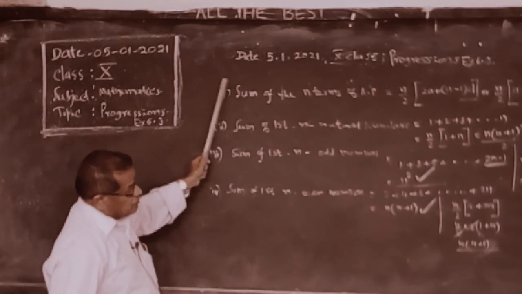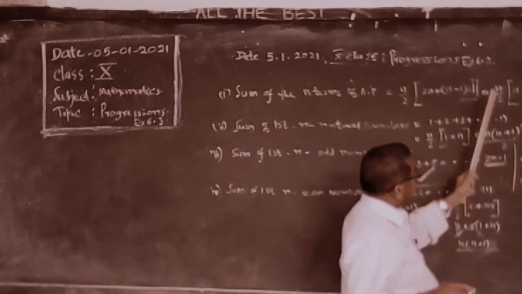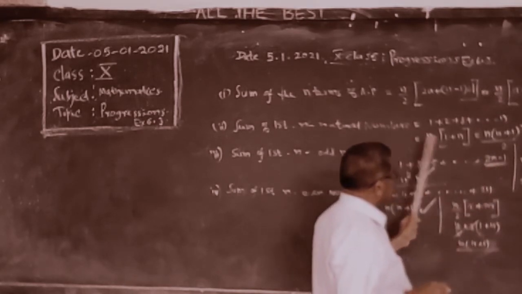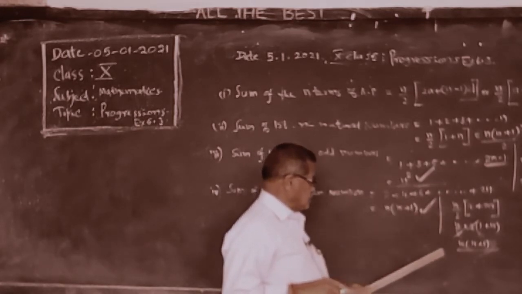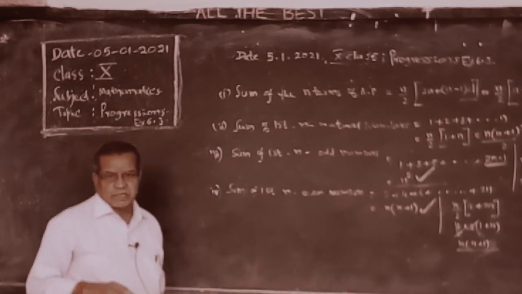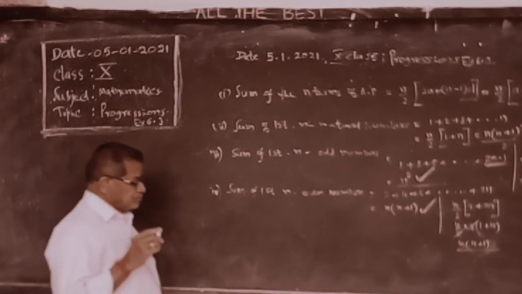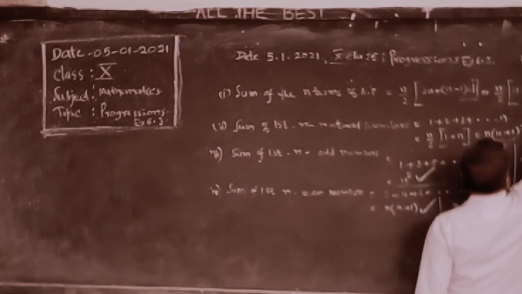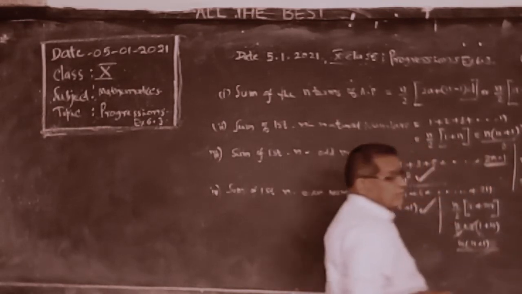And this is the general formula for the arithmetic progression, n by 2 of (a plus l). You should write them 10 times every day, and the nth term an is equal to a plus (n minus 1) d. Immediately we have to write the formula.